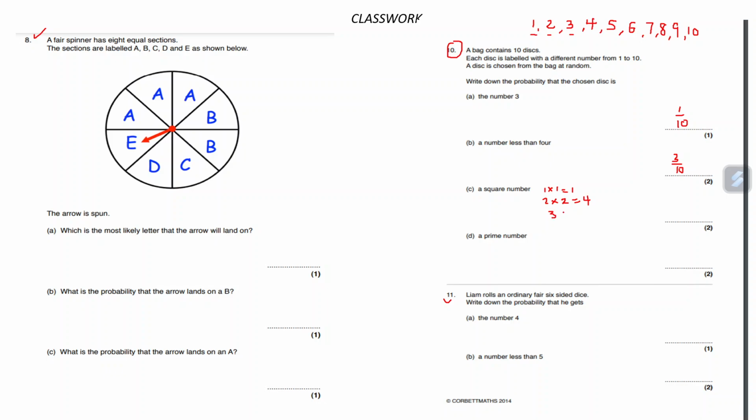Then we have 3 times 3 equal to 9. So the square numbers are 1, 4, 9. Remember, we are concentrating between 1 and 10. So there are 3 numbers. That's 3 out of 10.